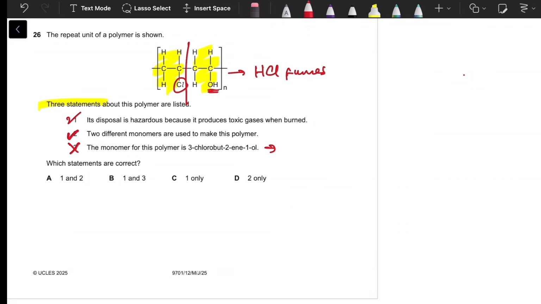So this would suggest that, let's draw out 3-chlorobutenol. Okay, that would suggest that the OH and the Cl are adjacent to each other, but they're not. Thus, that means statement 3 is wrong. Therefore, the correct answer is option A.